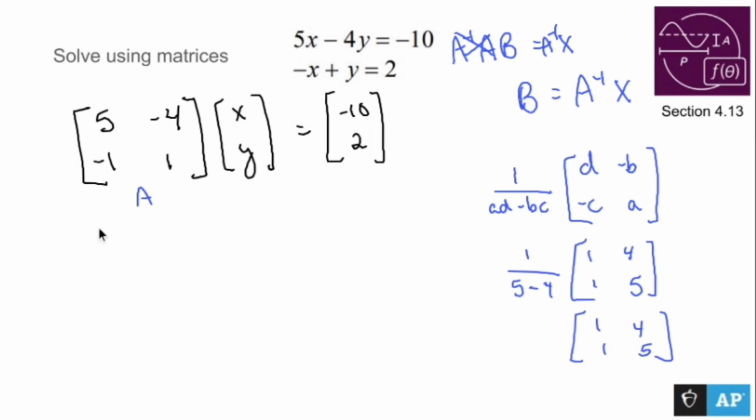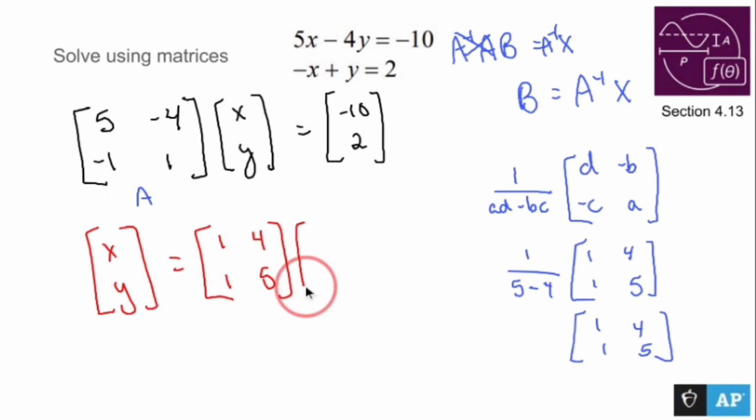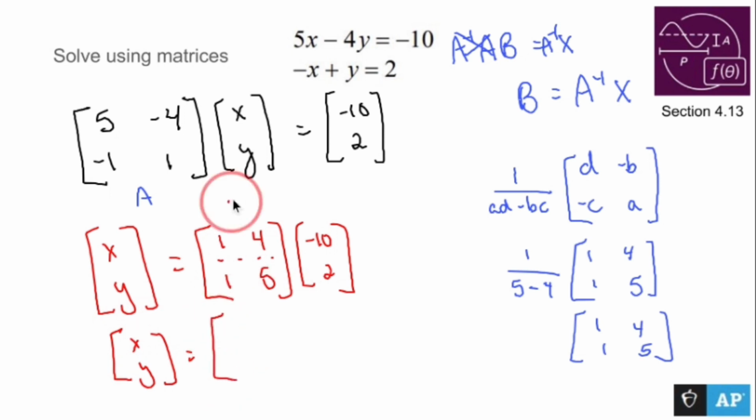So X, Y is going to be my inverse matrix, 1, 4, 1, 5, times this guy, negative 10, 2. Okay, split this up. What is this, a 2 by 2?